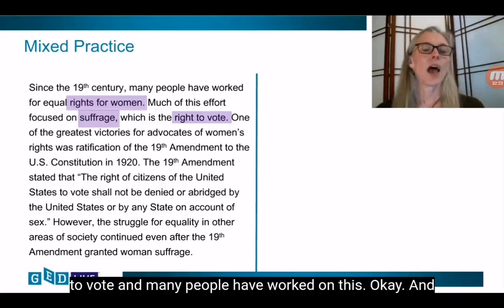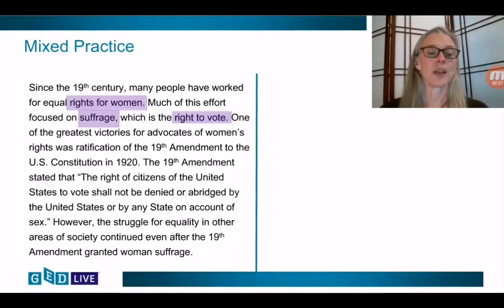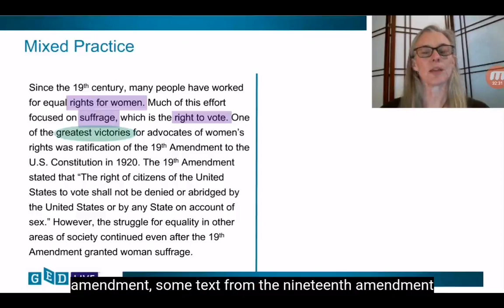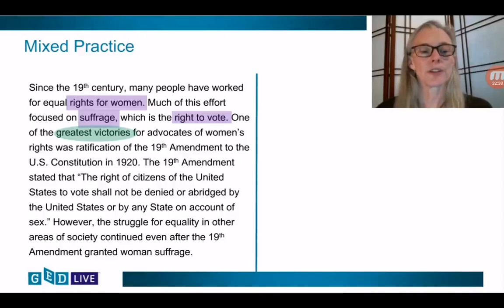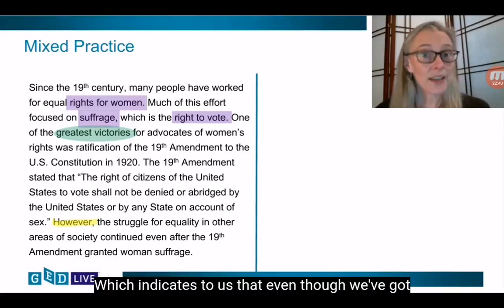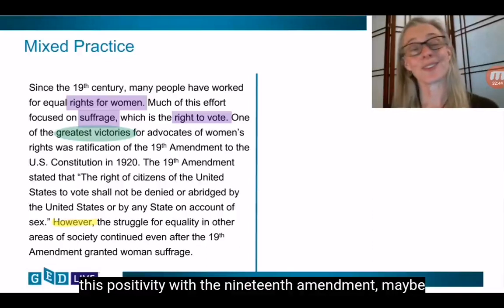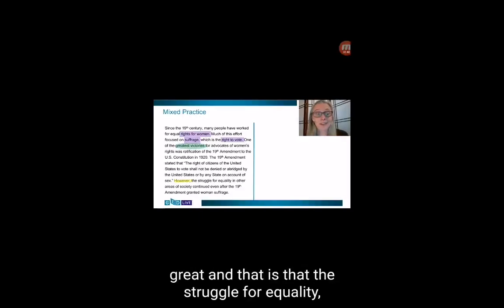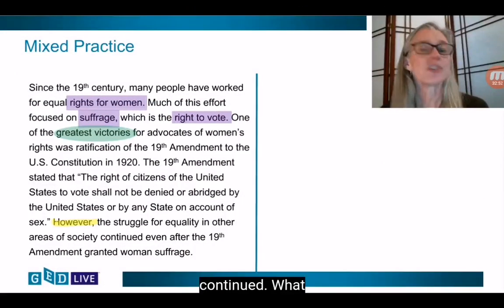Okay. And then we hear that there was a great victory. That was the 19th Amendment. Okay, good. So a little more information about the 19th Amendment, some text from the 19th Amendment, and then this important word, however, which indicates to us that even though we've got this positivity with the 19th Amendment, maybe there's some kind of drawback or something that's not great, and that is that the struggle for equality continued.